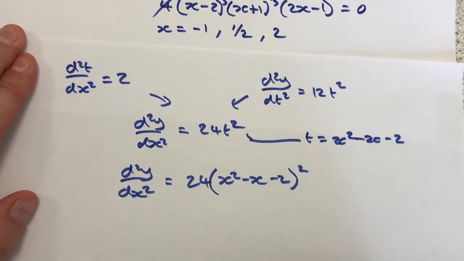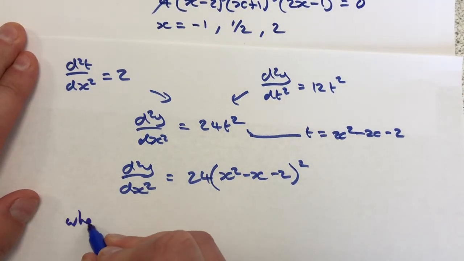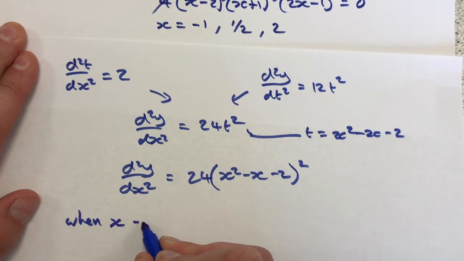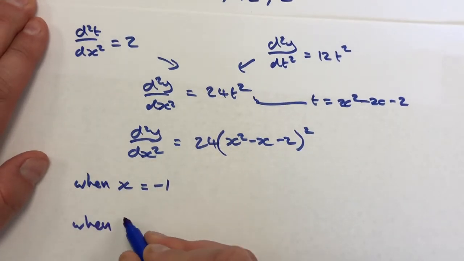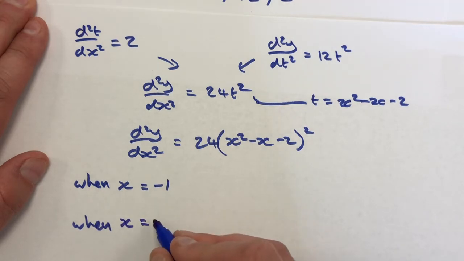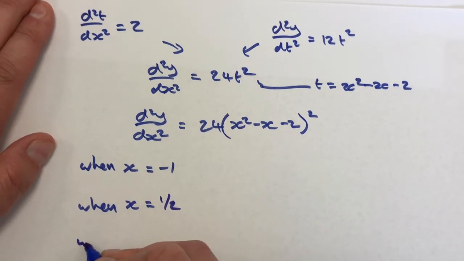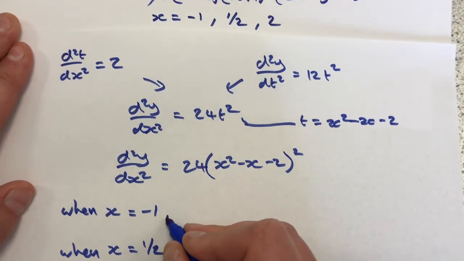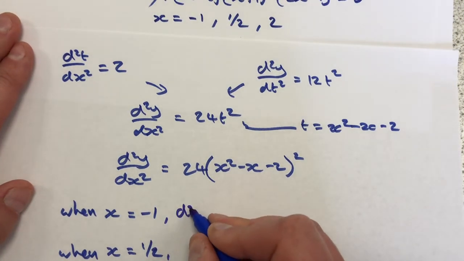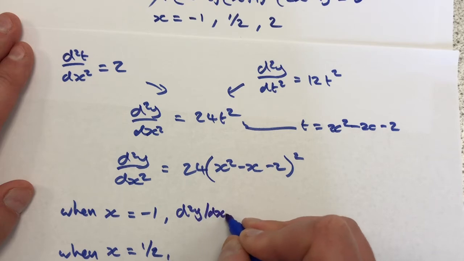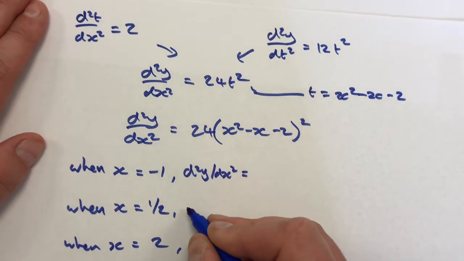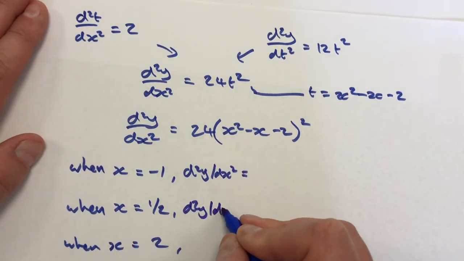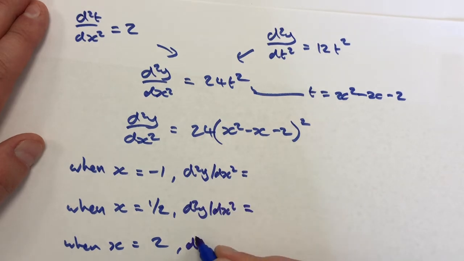So we'll do that in turns. And I'll write that as when x equals -1, when x equals a half, and when x equals 2, d2y by dx squared equals.